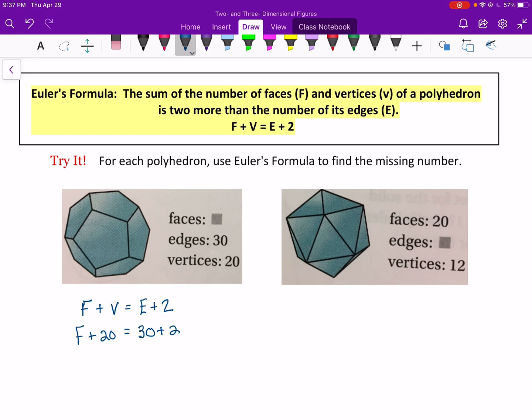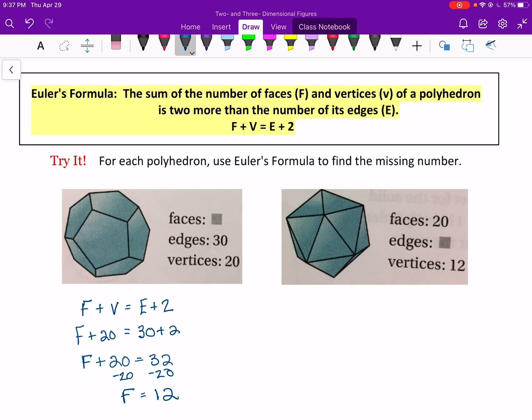F plus 20 is 32. And if you subtract the 20 from both sides of that equation, we find out that the number of faces is 12. If we had the solid, we could turn it around in our hands and count it. But if we know 2 of those pieces of information, we can find the third.